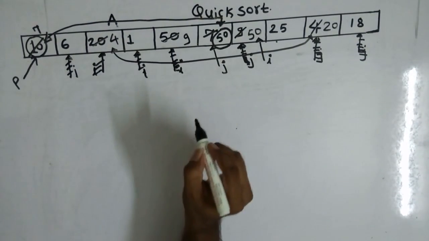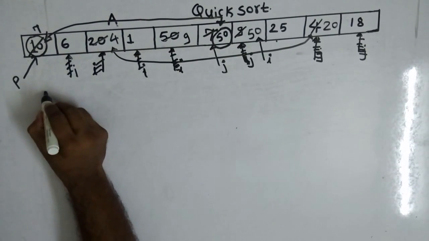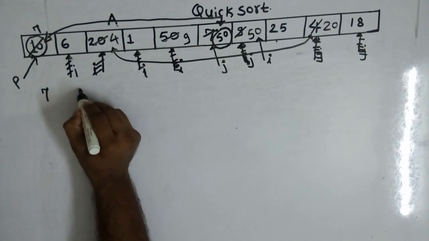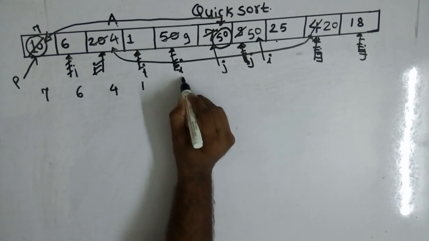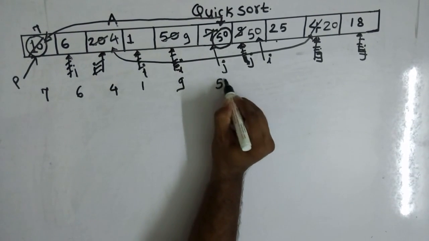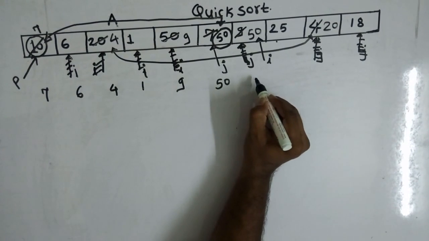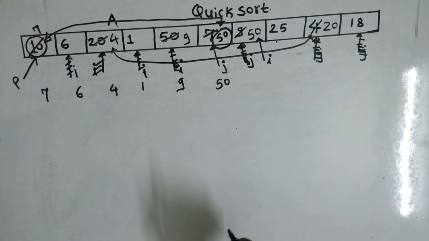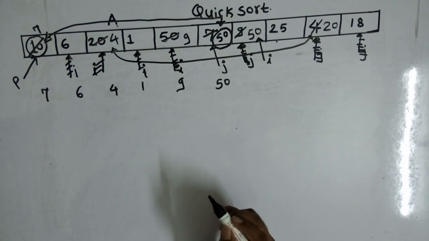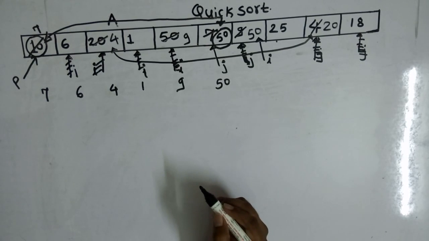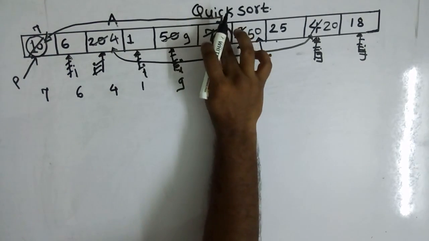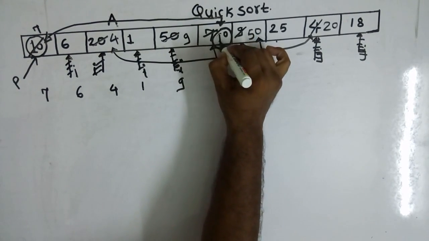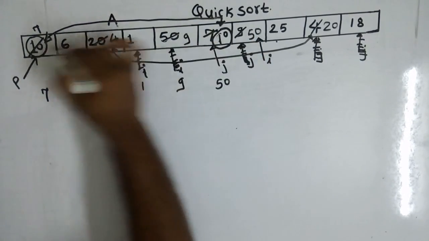Right? So if we rewrite the array, so 10 is the pivot, so I brought 10 from here to here.